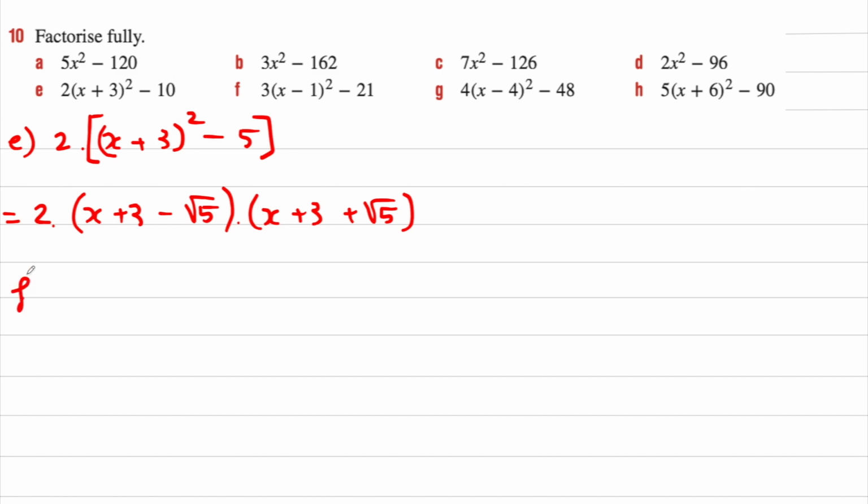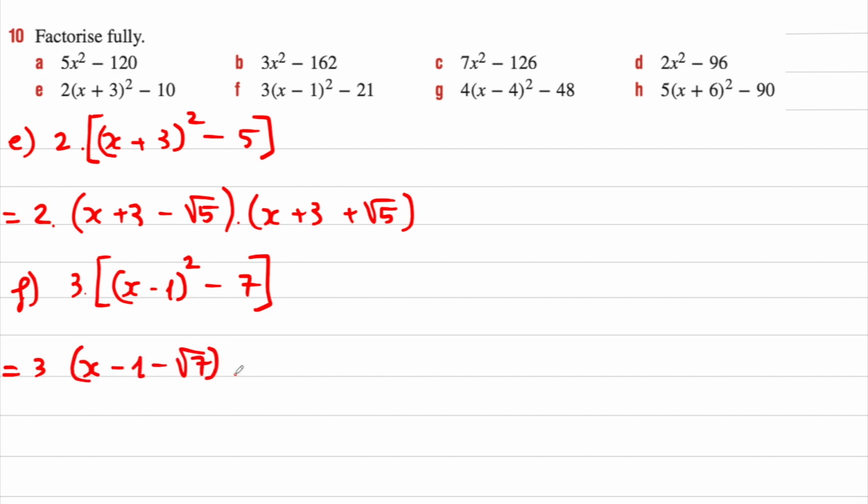For question F, take 3 outside, h minus 1 squared and minus 7, put it inside the square bracket. You get 3, h minus 1 minus square root 7, completing the square, h minus 1 plus square root 7. That is question F.